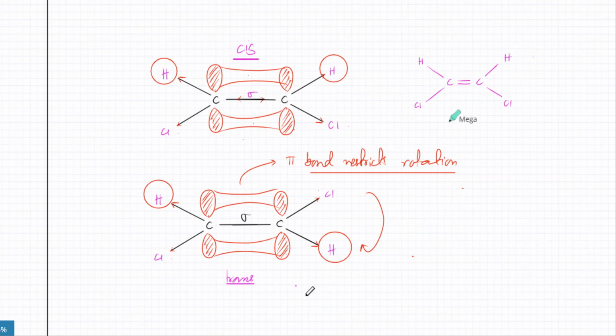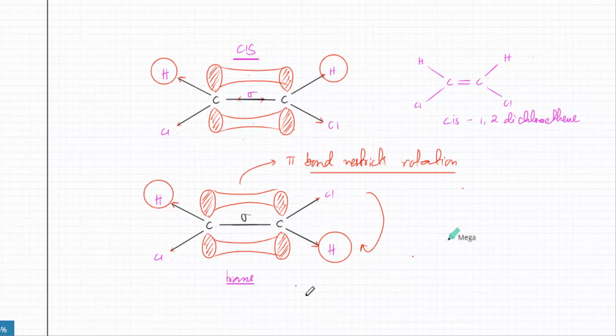That's your cis version. And before the name of the molecule, you're just going to write cis. This one is dichloroethene or 1,2-dichloroethene. So you just write cis in front of the name.